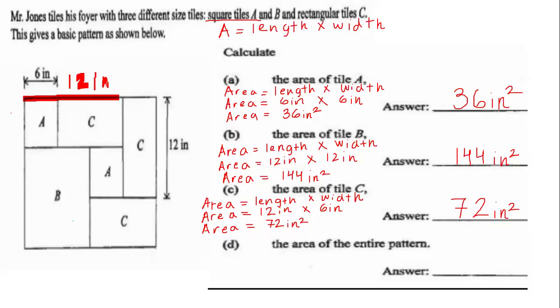We know that this is what? 6 inches. So what does that tell us? We just basically add 12 and 6 for both sides and then multiply it. Yes, basically. Or you could add up all the areas, but I ain't gonna add up all the areas. That could take too long.